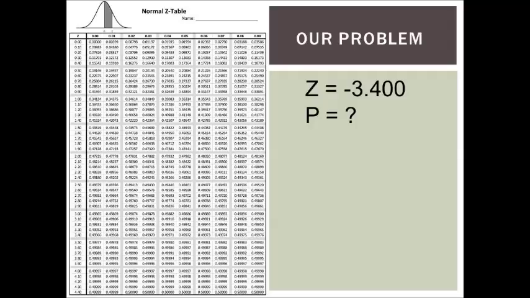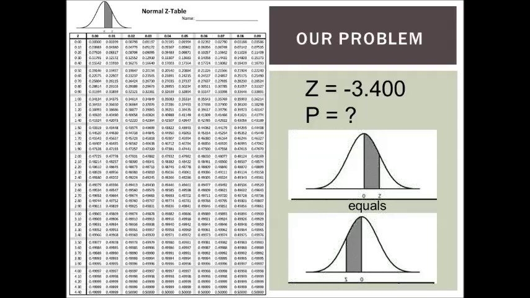We have a z of negative 3.4. Remember, our normal distribution is symmetrical, which means it looks exactly the same on the right-hand side as it does on the left-hand side. If we're looking up a z value that is positive, it's to the right of the mean, and that's what the z-table we have represents.